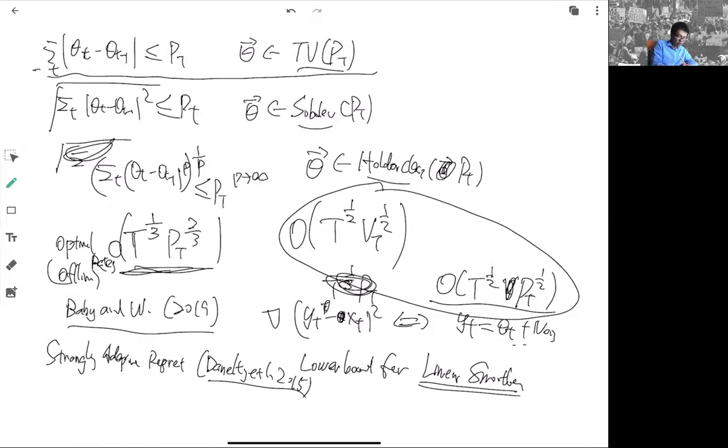But let me tell you what the notion of the regret here is. Strongly adaptive regret with a length tau says that for any subsequence in the form of q to q plus tau inside the region from 1 to t.